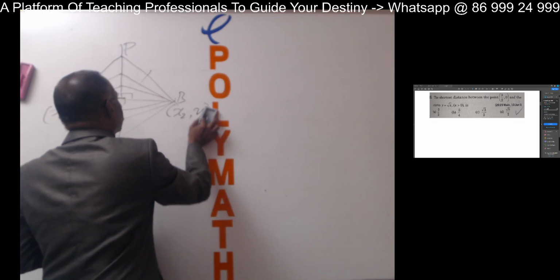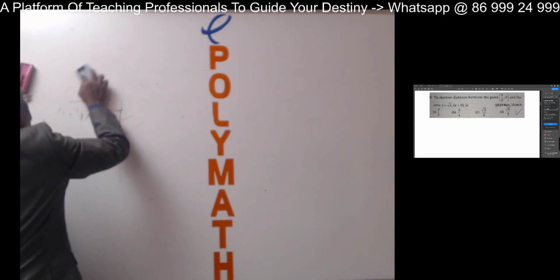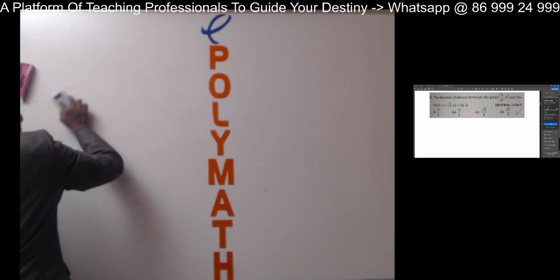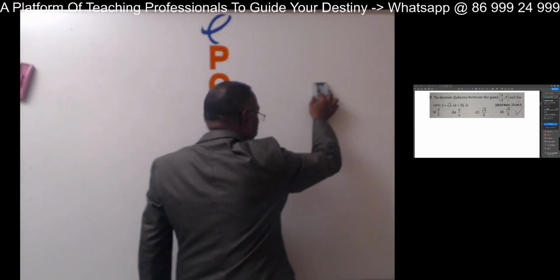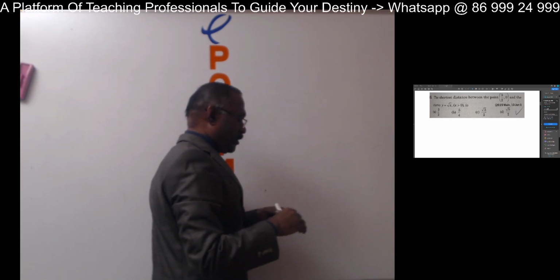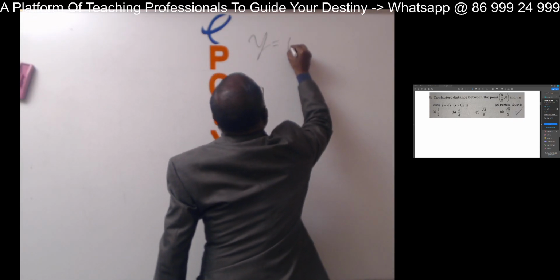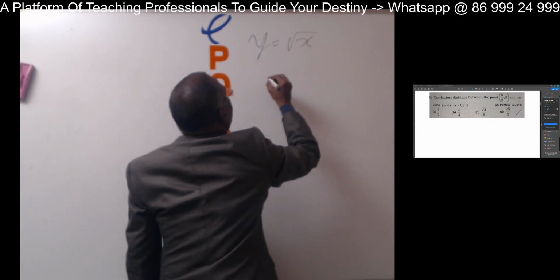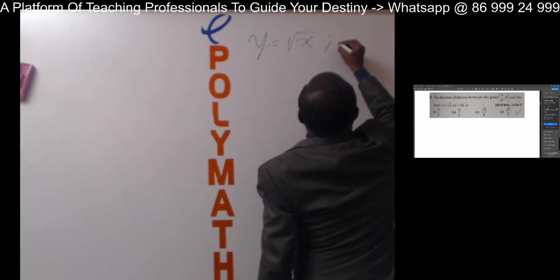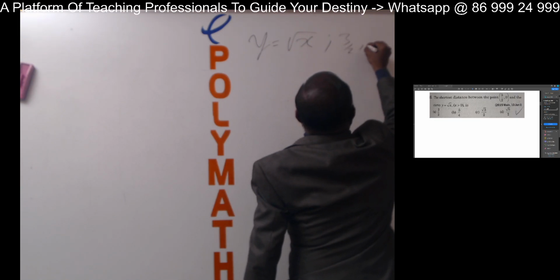I'll write in big letters for better visibility. What is the curve given? Y is equal to root x. What is the point given? It is 3 by 2 comma 0.